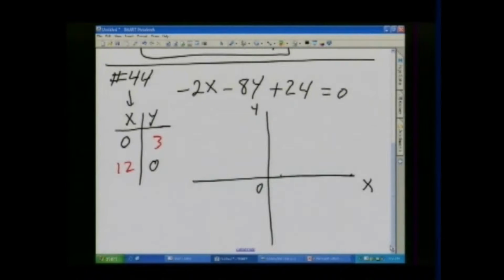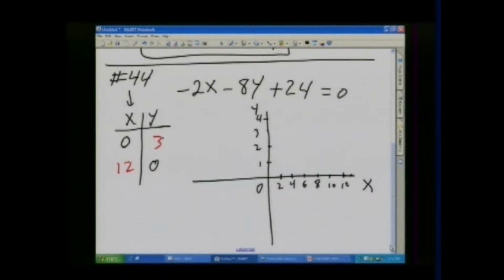So let's say we use this to be 2, 4, 6, 8, 10, and 12. And on the y-axis, I can have a different scale because I need 3. 3 is the highest number I have. Let's say I use this to be 1, 2, and 3. I can continue 4 and so on and so forth.